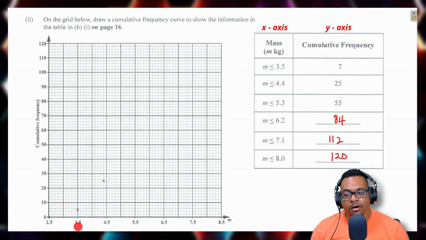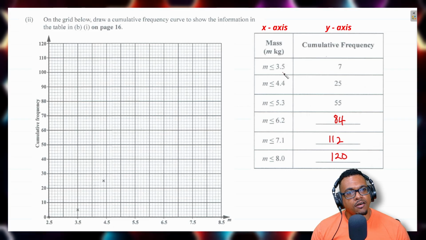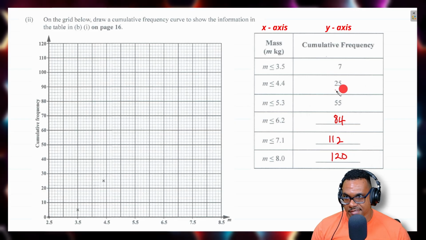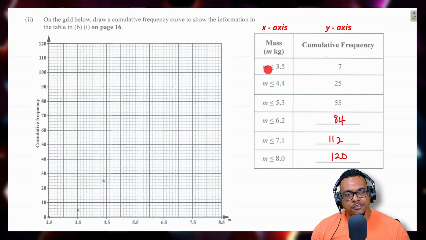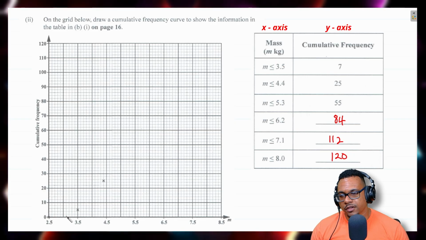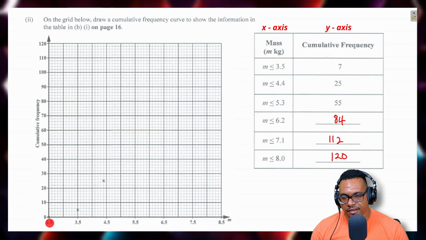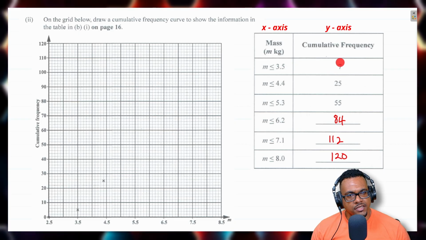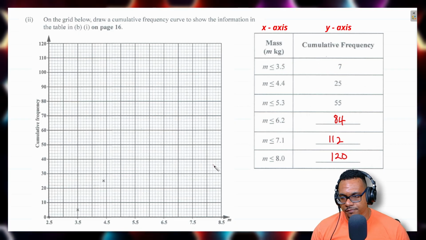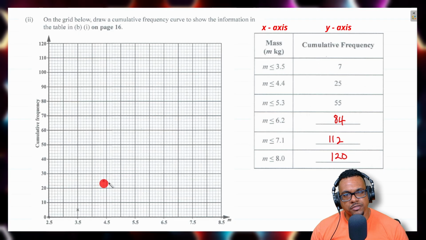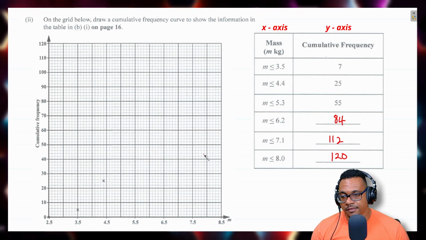Therefore, we are using the upper class limits on the x-axis with the cumulative frequency on the y-axis. Now notice you're not seeing the information for when the mass is 0, but to close off the cumulative frequency curve, they plotted 0 with 2.5. So we have this point here, which is 3.5 with 7. We have this point plotted here, which should be 4.4 with 25.